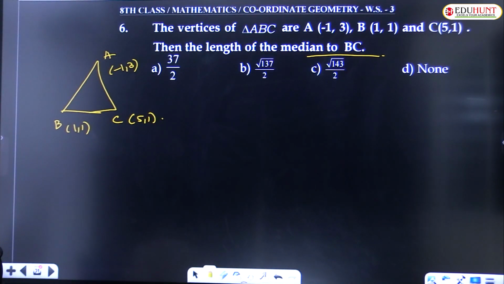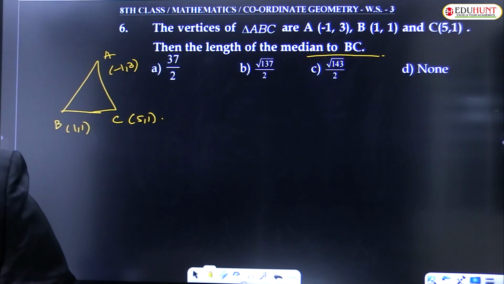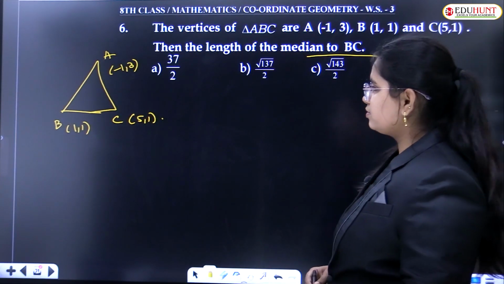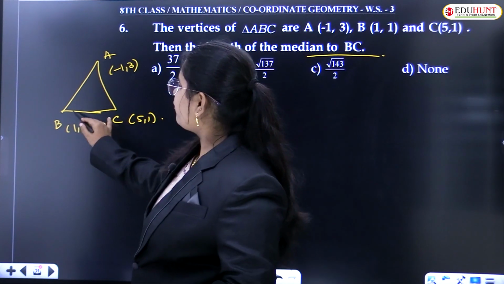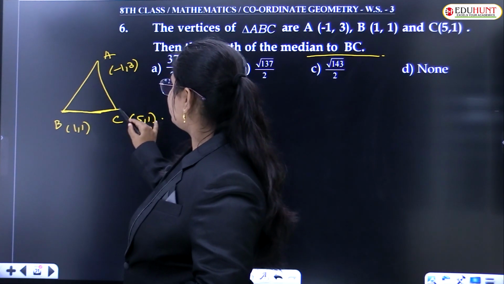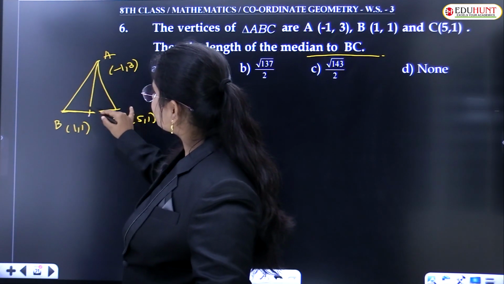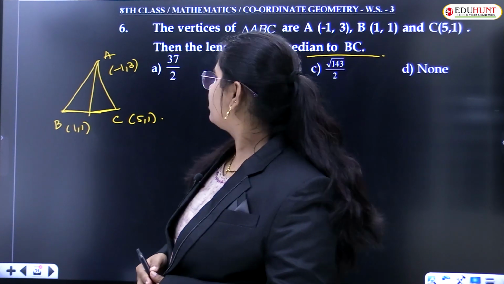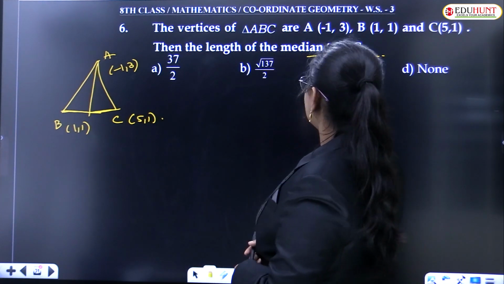What did you understand from the question first of all? It means you need to draw from vertex A itself again. That means it is the same question, right?